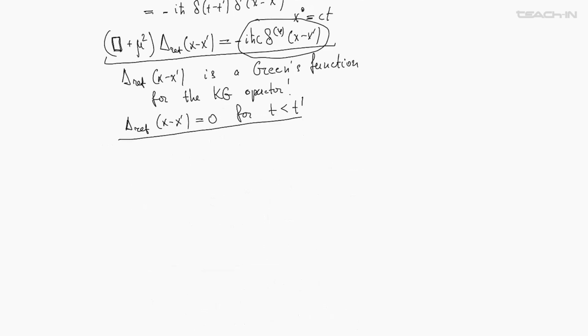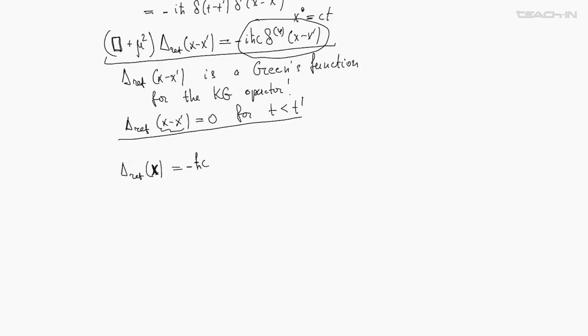And so using it, delta ret on x is actually a function of one argument. As you see here, it's a function of the difference between x and x prime, so I can write it as a function of one argument x. This I can write as minus h bar c. Again, these constants I'm writing just for completeness, but in natural units you can always put h bar and c to 1. No problem with this.